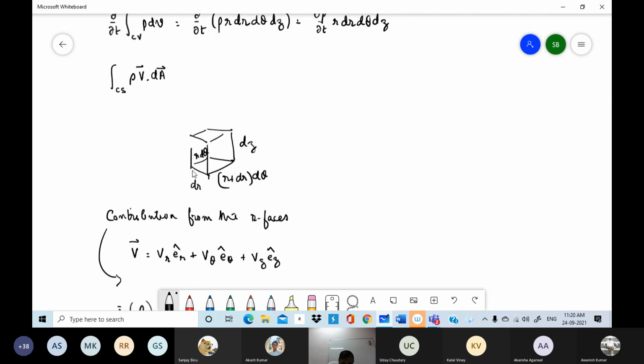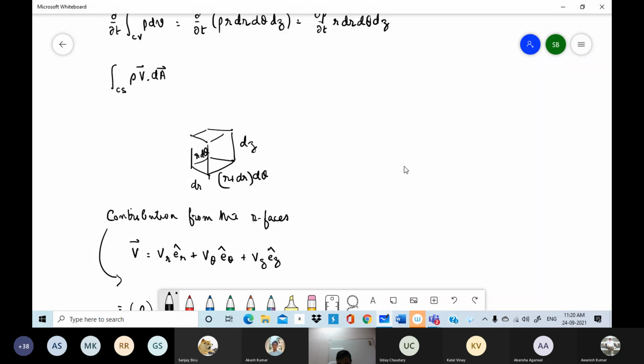If I look at the theta faces, theta changes in this direction. Therefore, these are the theta faces. The area of the theta faces is dr into dz, so this one as well as this one have the same area.